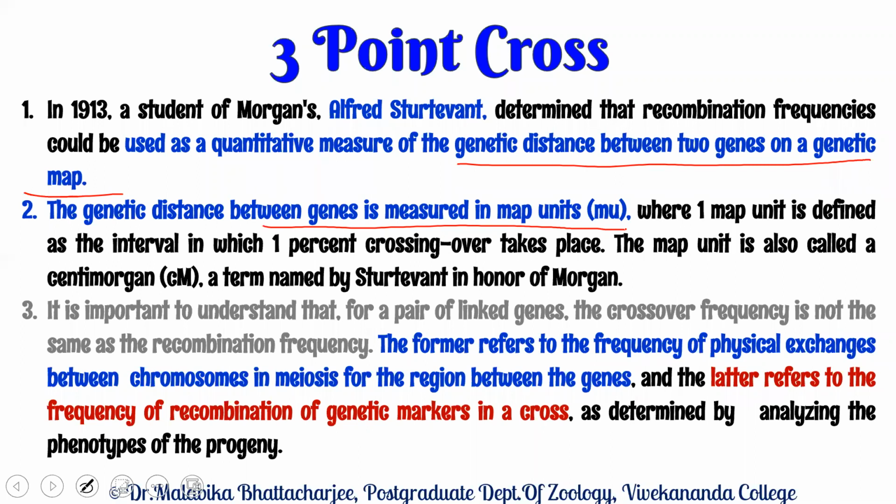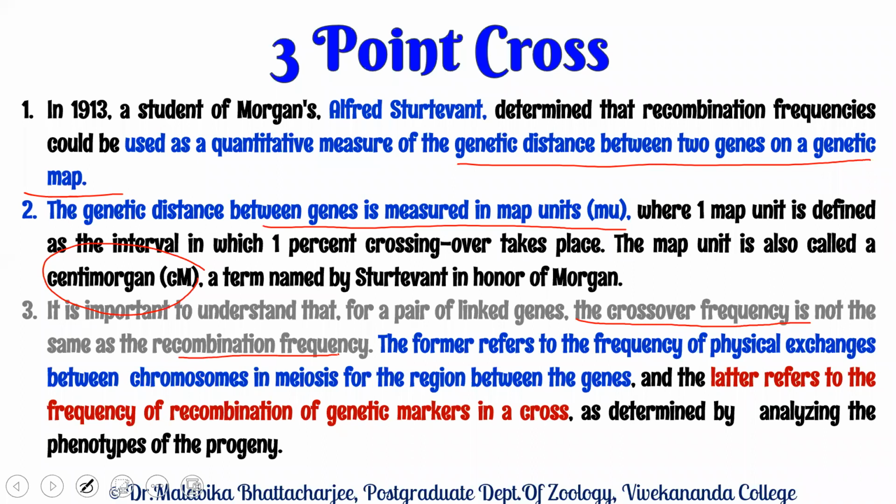The map unit is also referred to as centimorgan, a term named by Sturtevant in honor of Morgan. And we should keep in mind that the crossover frequency is not the same as the recombination frequency.